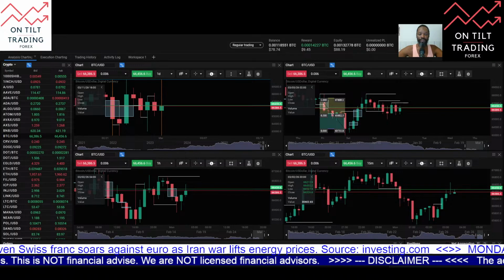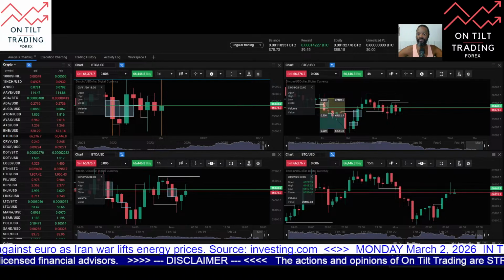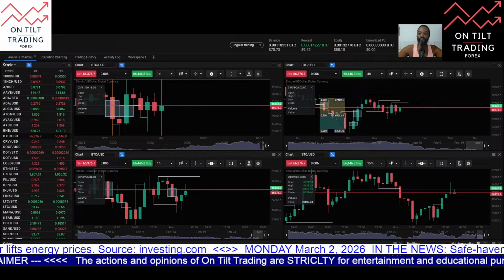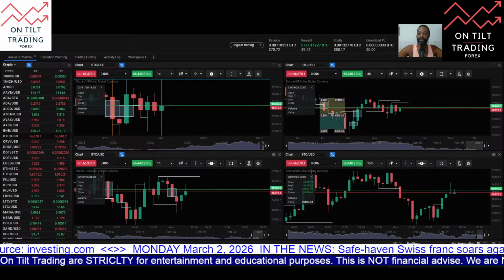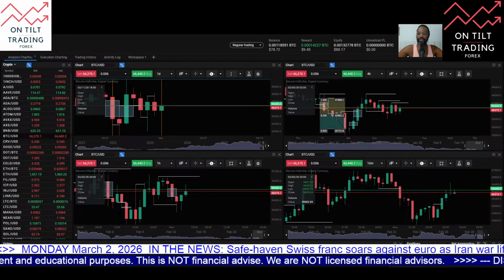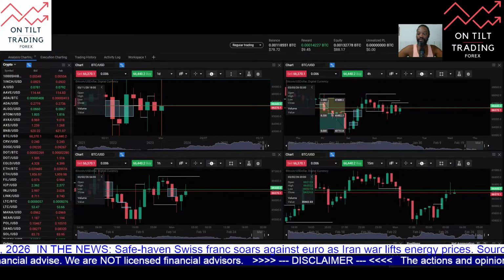Now it's just a matter of a market structure shift here within the kill zone. My stop loss is already determined here.